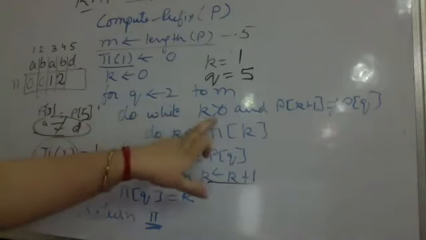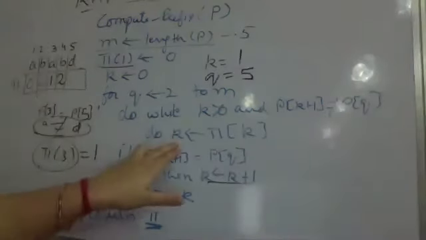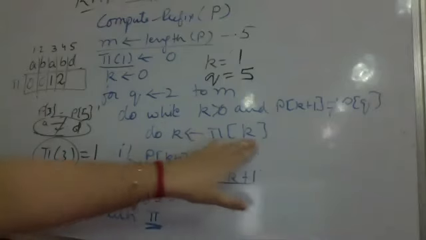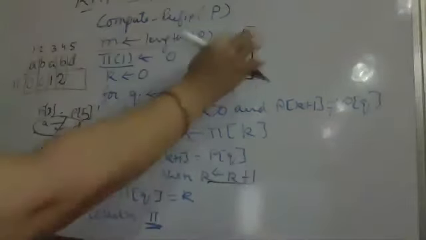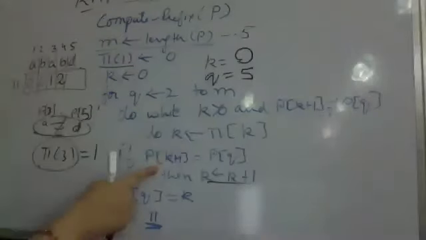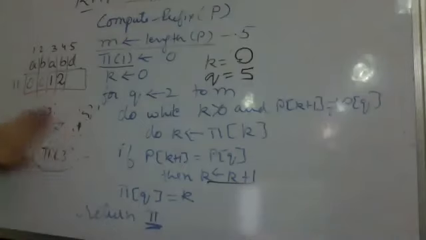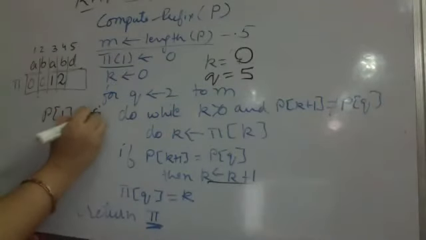Now again, I come here. K is still greater than 0. Pattern of K plus 1 is not equal to pattern of Q. I again reduce K to the value of pi at that position. Pattern 1 is at value 0. K finally becomes 0. Now again, I check the condition of the loop. It is false. I come here. Whether pattern of K plus 1 is equal to pattern of Q, that means pattern of 1 is equal to pattern of 5.